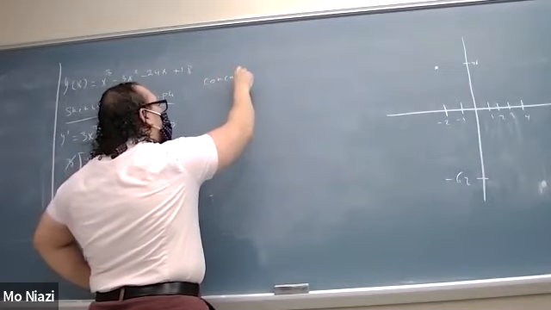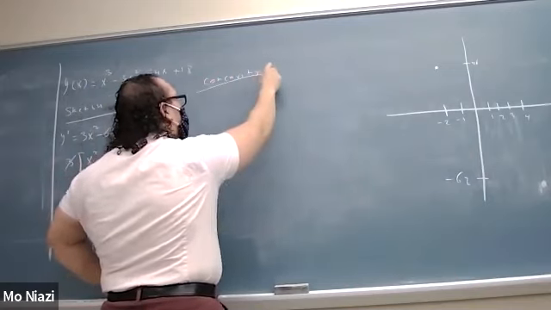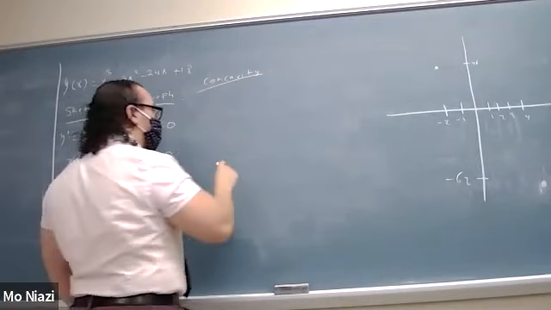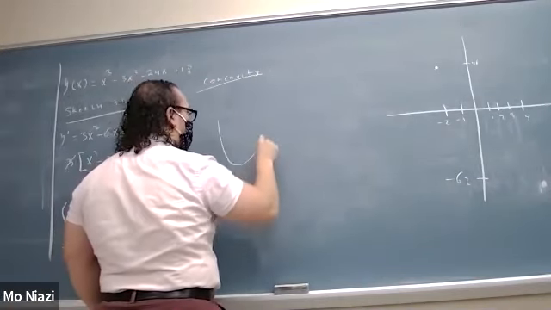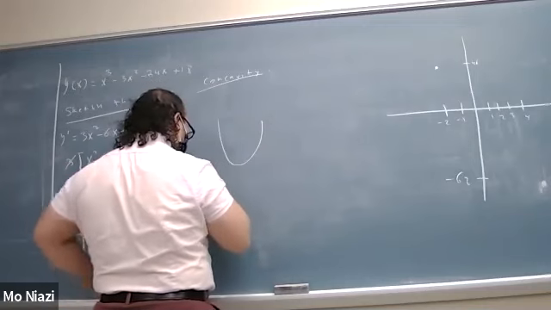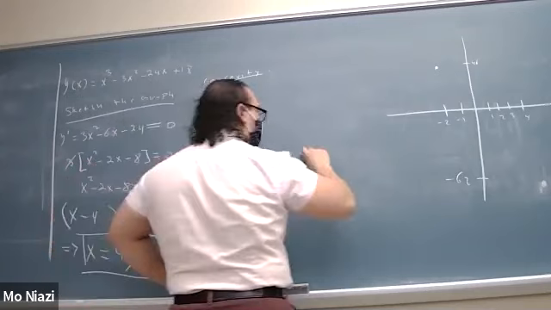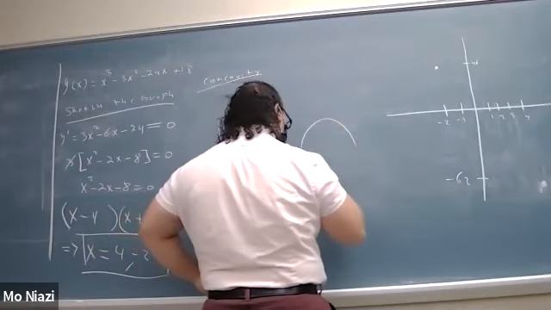Let me just talk about this real quick. Concavity. If we have a function that's like this, we call this concave up. If we have a function that's like this, we call this concave down.